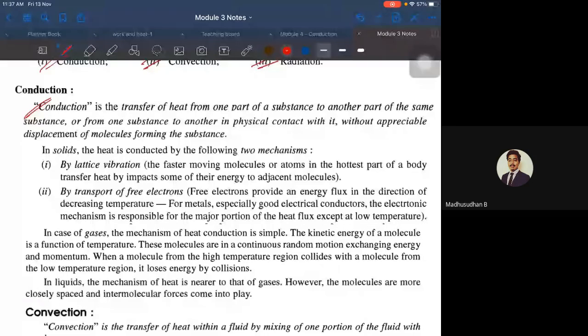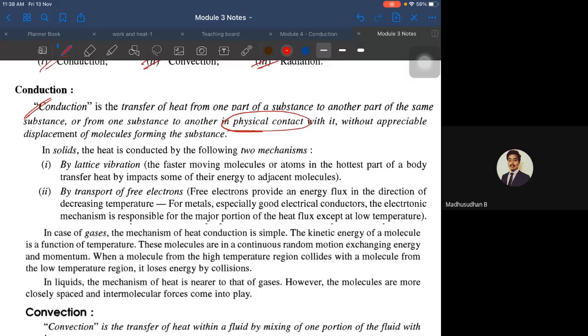Conduction is the heat transfer of heat from one part of a substance to another part of the same substance, or from one substance to another in physical contact with it, without appreciable displacement of molecules forming the substance.